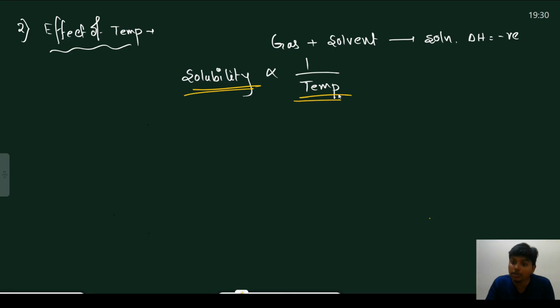A question came in boards: write the relation between temperature and solubility when a gas is dissolved in a solvent. MCQ also came. You have to write that solubility is inversely proportional to temperature. Now, for hydrogen gas or the inert gases, sometimes initially solubility increases when temperature is increased slightly.